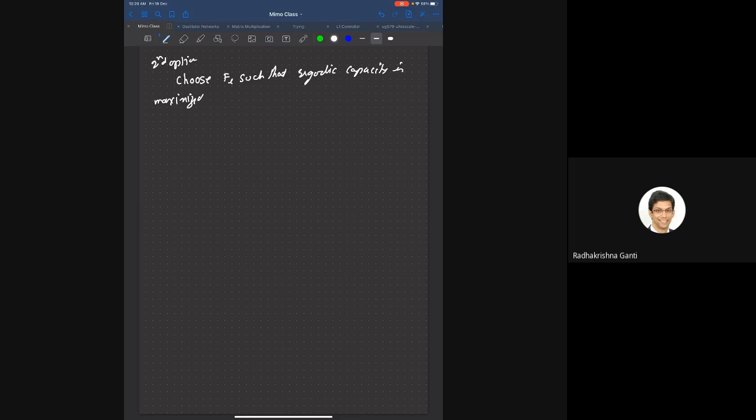So what I mean is you choose your L hat to be argmax over L of the expected value of log 2 of 1 plus SNR times NT norm of H times FL whole square. This is the capacity in beamforming. You understood?